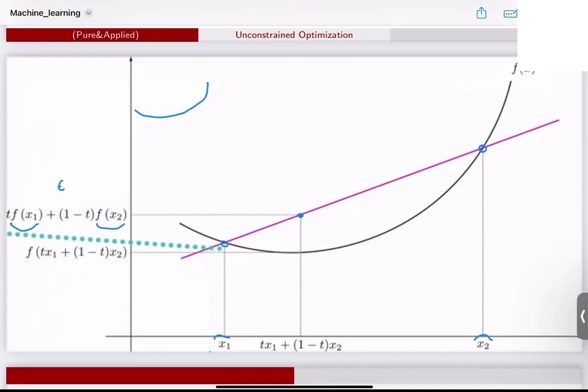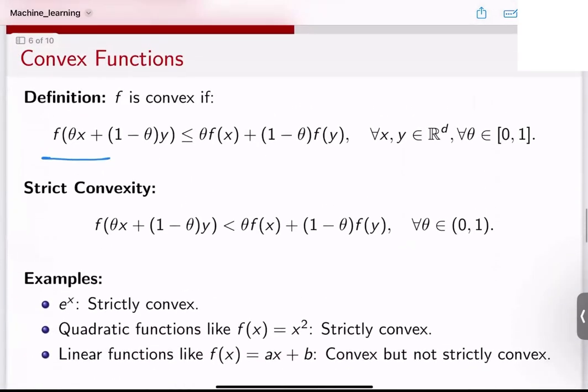Convexity says that this quantity over here must always be bigger than the value of f at the linear combination of x1 and x2. So this is how you can think of convexity. This is the mathematical definition of it.